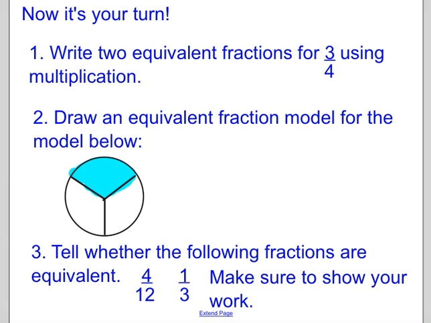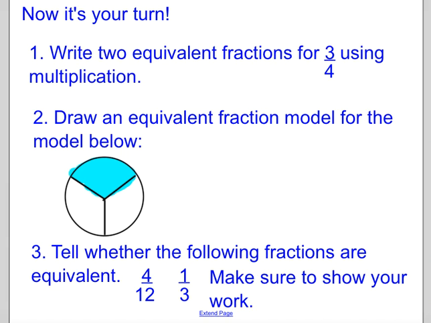Okay, so of course you can play this back at any time and rewatch how I did any of these methods. But now it's your turn, okay? So I would like you to copy and answer these 3 questions in your math notebook.